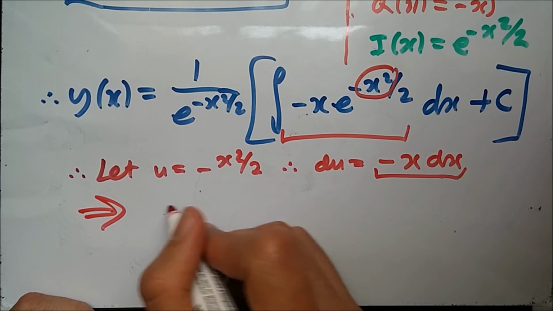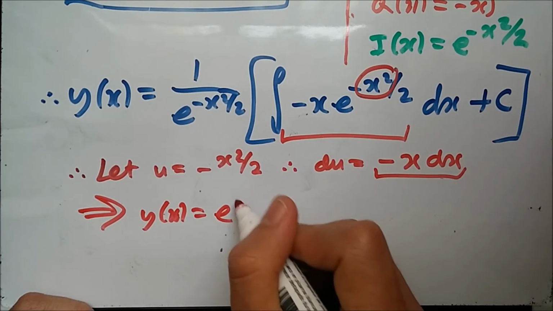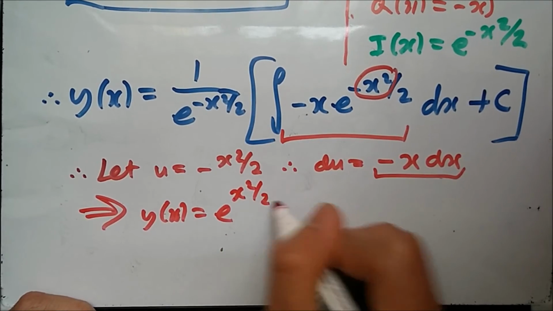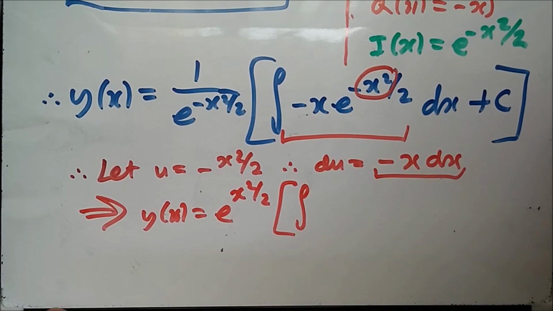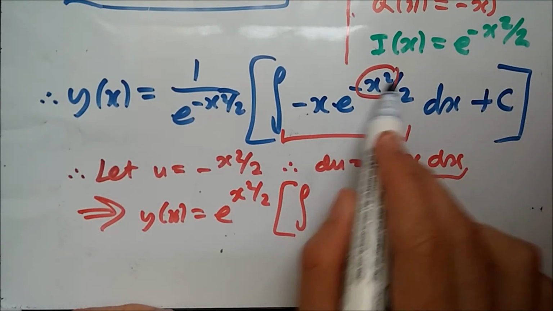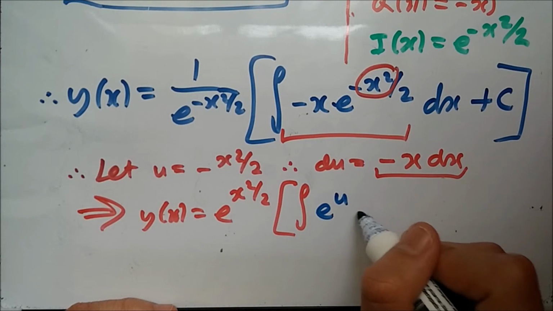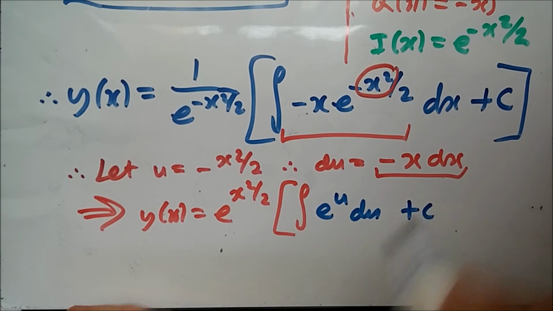Replacing this, we're going to have the solution y(x) equals, put this on top line, e to the x squared over 2, the integral of, so replacing this part, minus x dx is gone as du, and e to the minus x squared over 2 in this part is just e to the u, so just e^u du plus c.